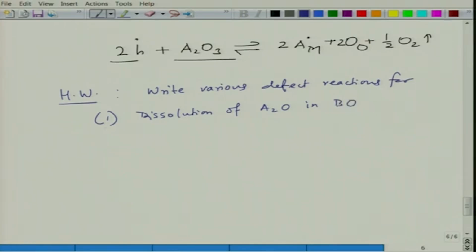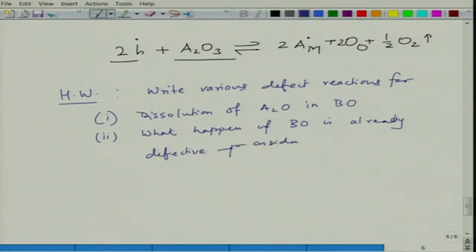Right, do the other way around, and then consider what happens if BO is already defective. Consider both oxygen and metal deficiency. Okay. So, do this as a homework. This will be useful for you to understand the cases that we have done just now, all right.